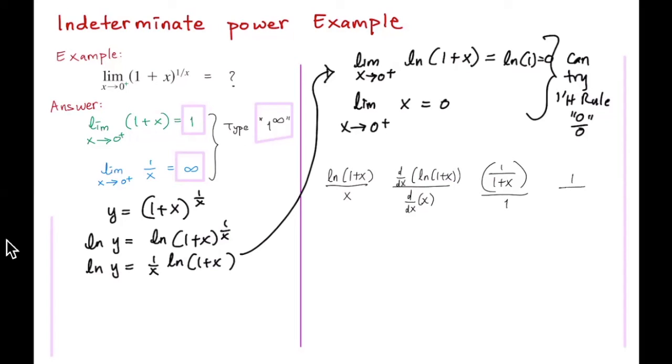And this is good because I know how to compute the limit of 1 over 1 plus x as x approaches 0 from the right. I can just plug in 0 into this x, and this is 1.